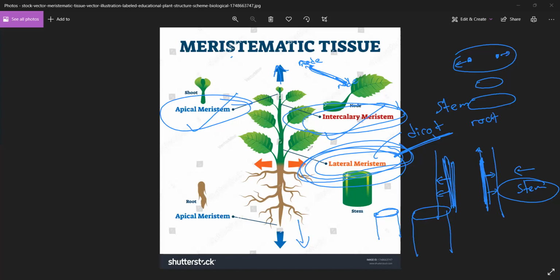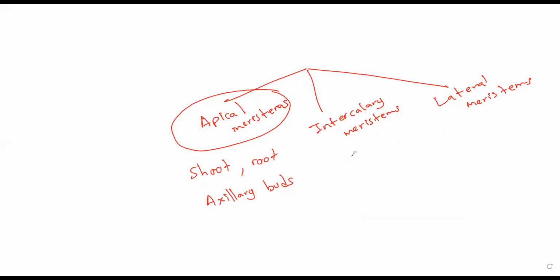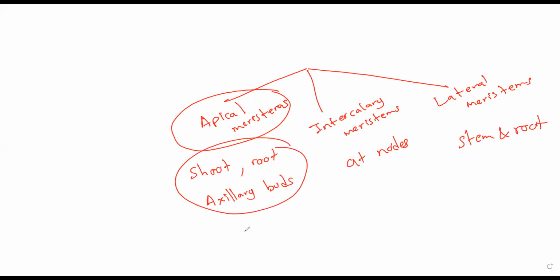These are the classifications of meristematic tissue. Now, what is the location of the intercalary meristem? It is found at the nodes. Where is the lateral meristem present? It is present laterally in the stem and root. What is the function of apical meristem?